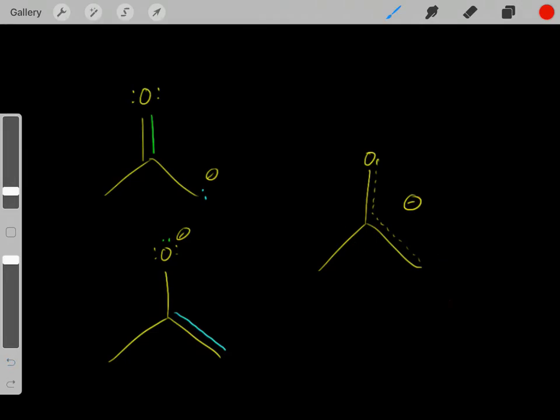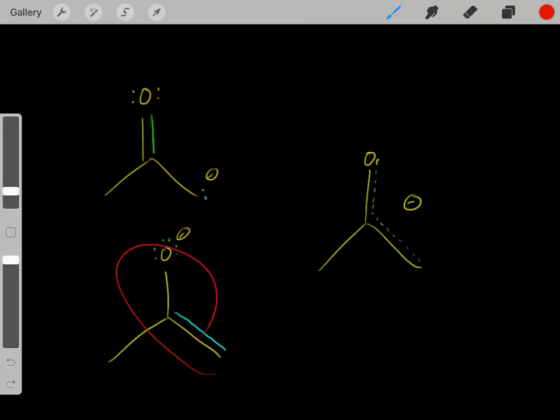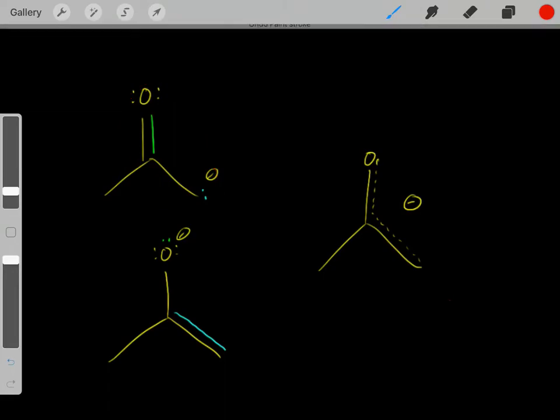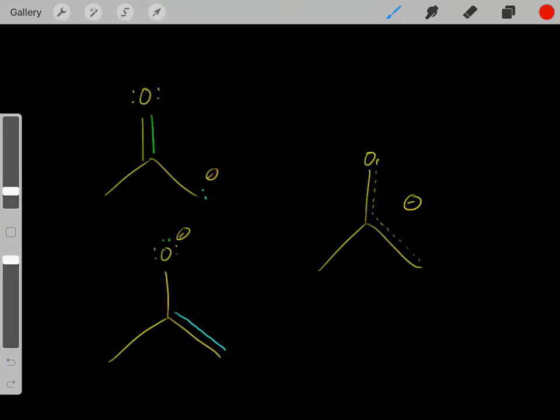Something else to keep in mind when you're looking at two resonance structures is thinking octets. In this example, every atom has an octet, so neither one is favored due to that. However, if we had these two resonance structures versus this one, we know this one would be favored. Why? Because all atoms have an octet.